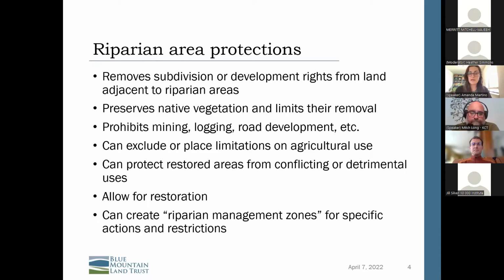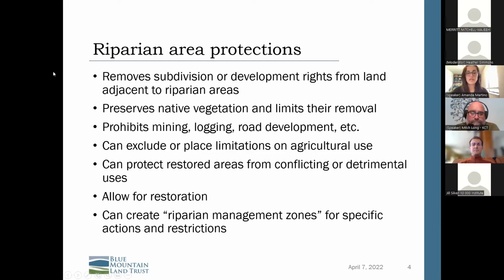Easements often prohibit mining, logging, road development, other extractive uses. It also can exclude or place limitations on agricultural use. So we see this most often on ag lands that have riparian protection easements, is that they prohibit grazing or severely restrict grazing in riparian areas.